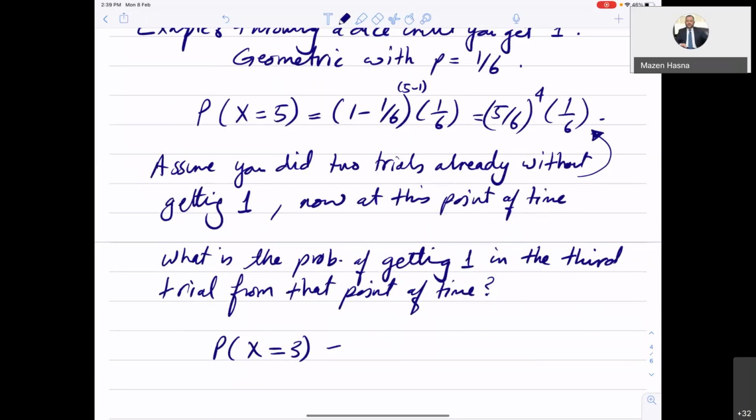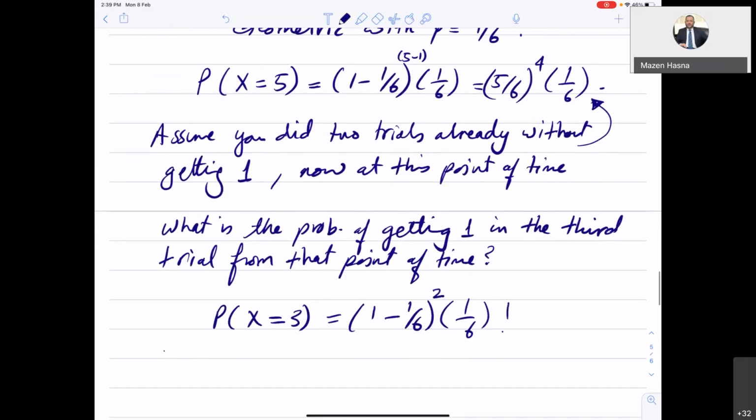And you just do it 1 minus 1/6 to the 2 times 1/6. So just forget about the past, which means that this is the meaning of memoryless.